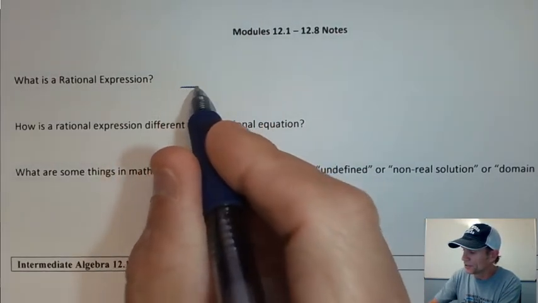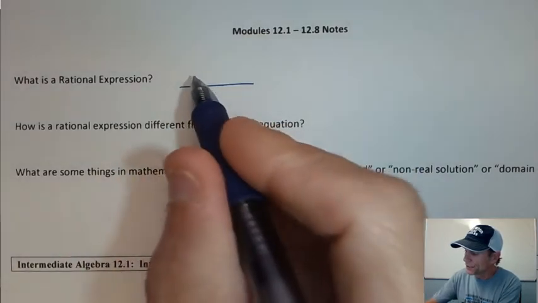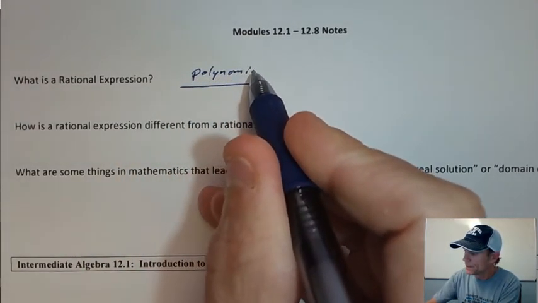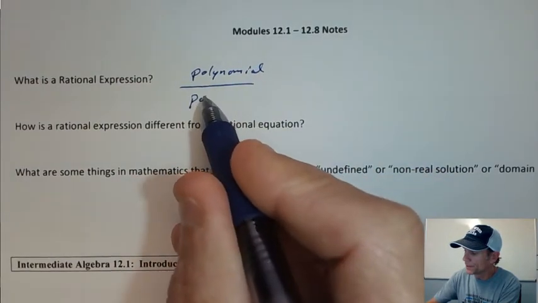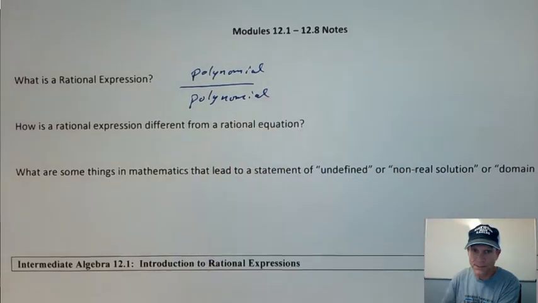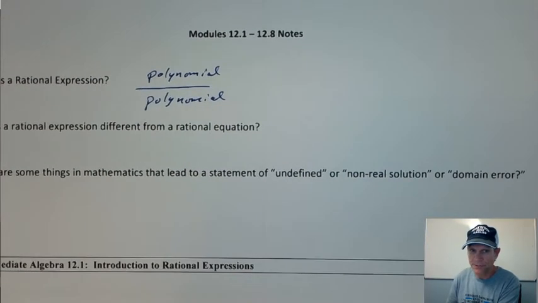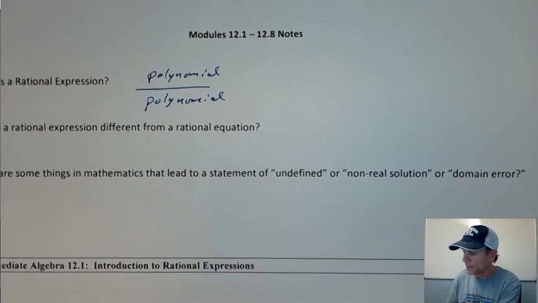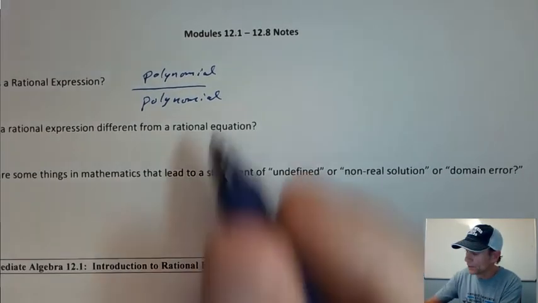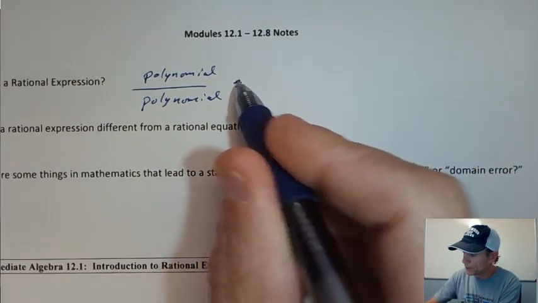You have a numerator and a denominator, and you're going to have a polynomial here and a polynomial here, or sometimes you might even think about a constant in one spot, but I guess you could technically classify a constant as a polynomial also, of degree 0.